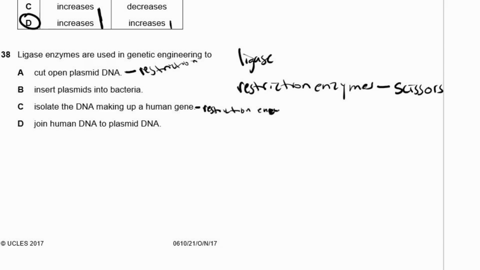And inserting plasmids into bacteria, well, that just happens. They mix them together, and some of them join, some of them don't. And then you have the ligase, which is the glue. The glue joins the human DNA to the plasmid DNA. So that is D. Joining the human DNA to the plasmid DNA, that's ligase, that's the glue, that's it.